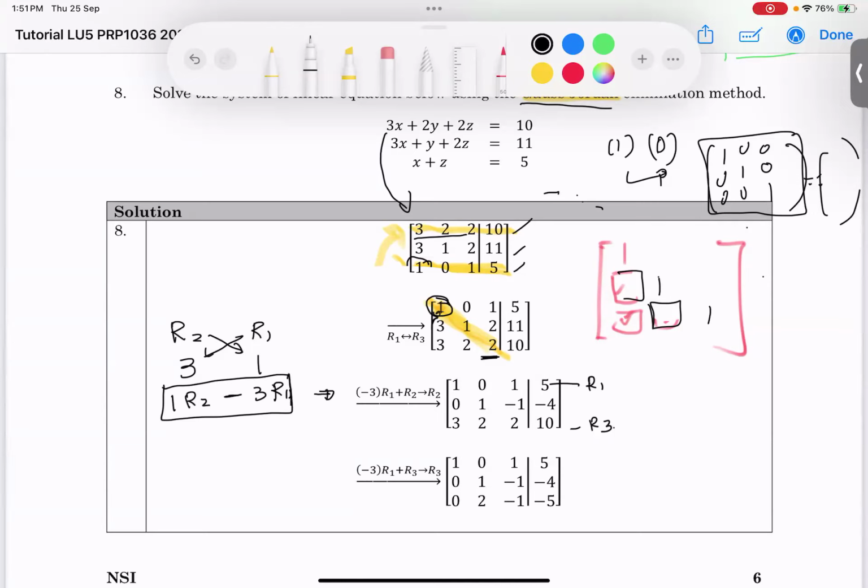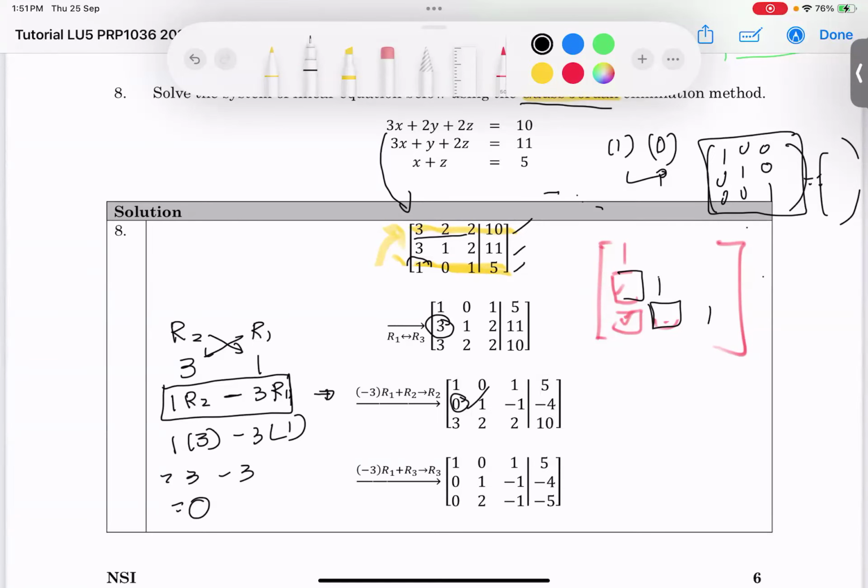So we substitute the numbers: my R2 is 3, my R1 is 1. So 3 minus 3 is equal to 0. Yay! Finally, I managed to convert this one to 0. I will show more steps here.